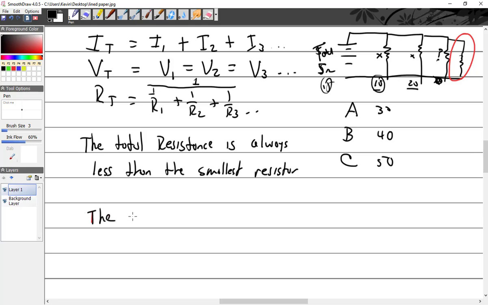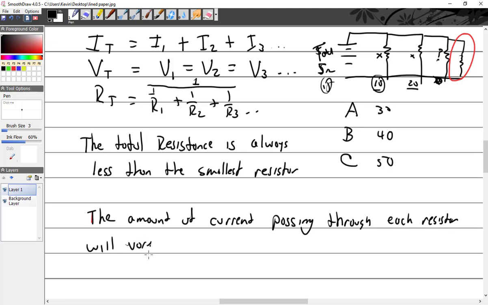The amount of current passing through each resistor will vary according to its individual resistance.